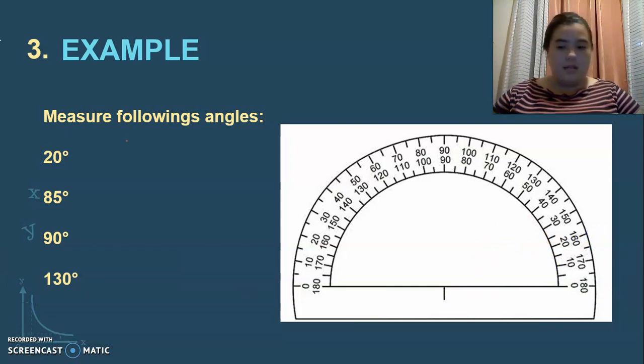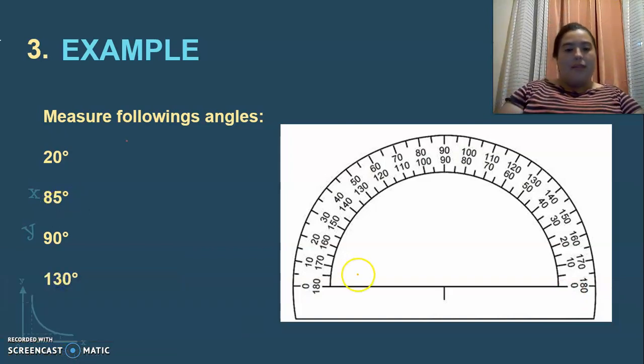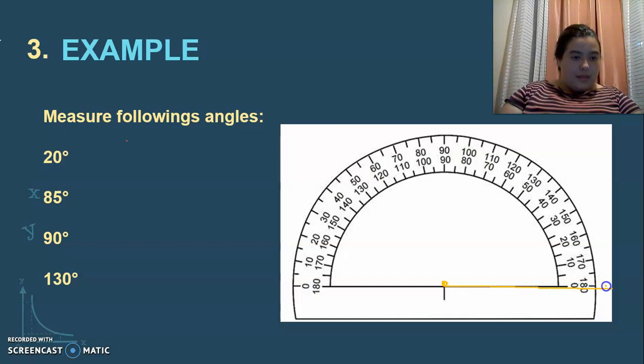The second one says 85 degrees. So first we make our vertex and then our first ray. Now we have to find 85 degrees. We have 80 here, but we need 5 more, so it's in the middle between 80 and 90.